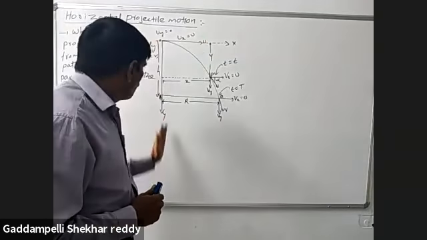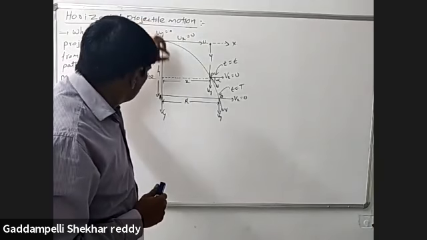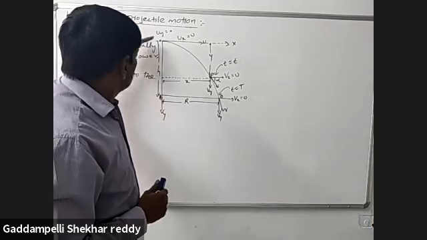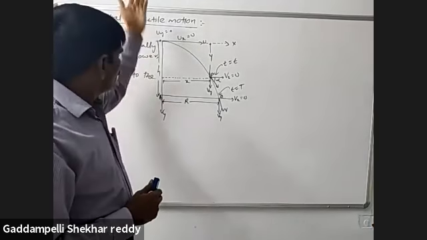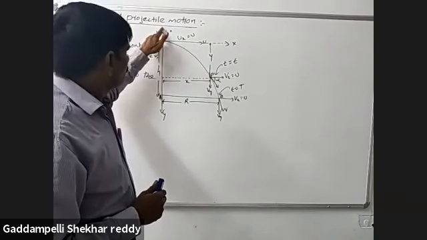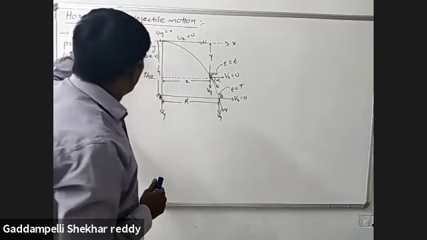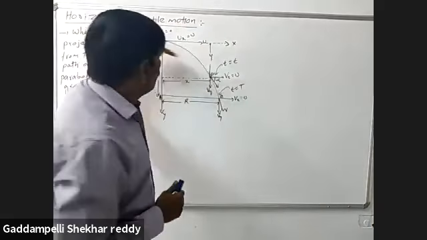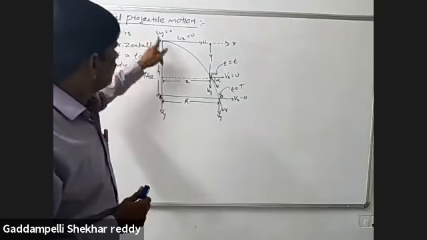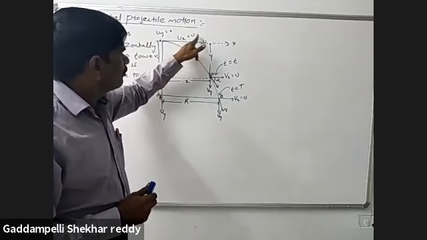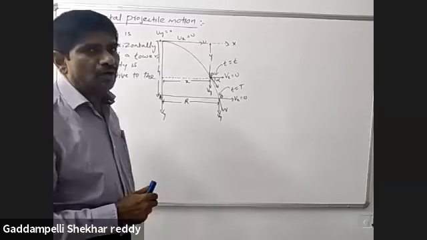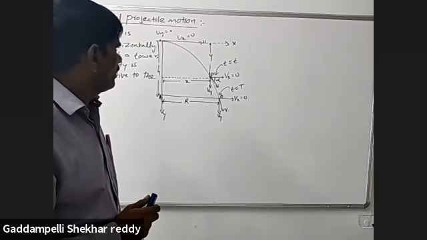For example, a body dropped from a height reaches the ground in one-directional motion. But when the body is thrown horizontally, it moves in two-dimensional motion, along the x direction and along the y direction.